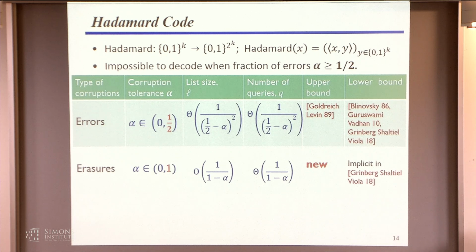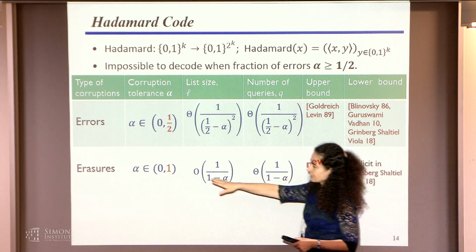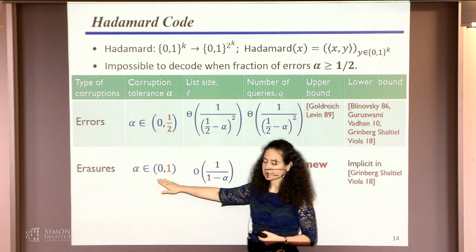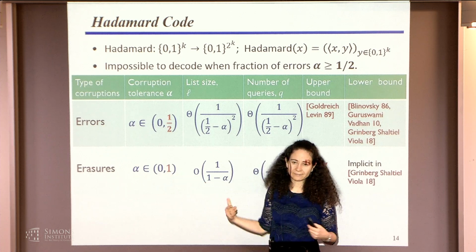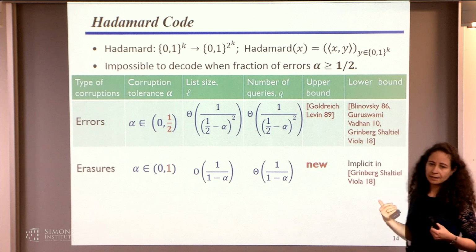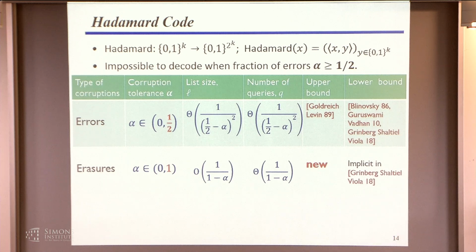Now we try to understand the same code with respect to erasures. You can have more erasures than you can have errors. For any alpha which is some constant below 1, you can have that fraction of erasures and still decode, even with a huge number of erasures.